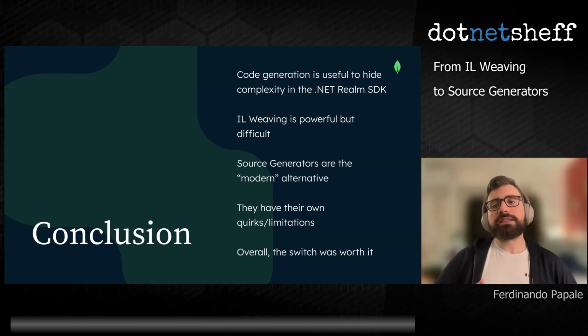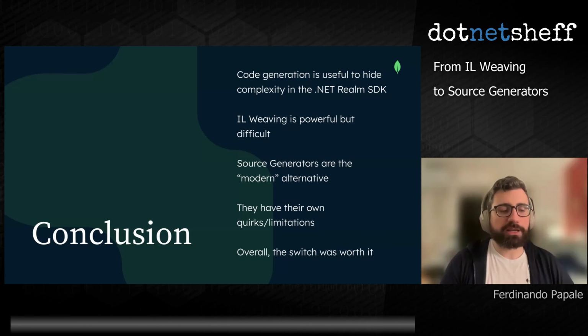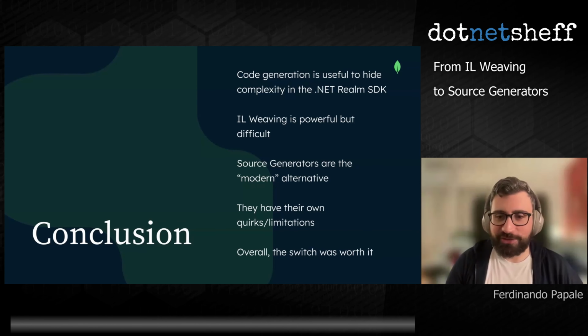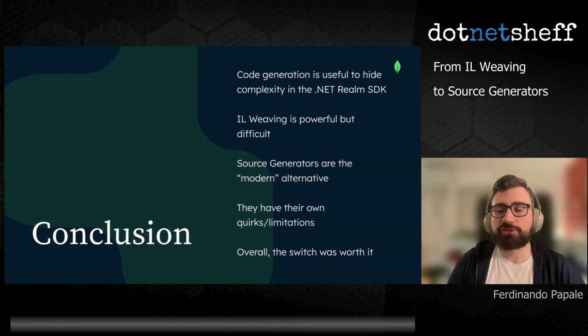In the beginning, we were using IL weaving for this. It is an extremely powerful technique, but it's also very difficult to use for various reasons. For this, we decided to move to source generators when they became available, that are a much nicer alternative and also a much more modern alternative, because this is also what the whole .NET ecosystem is pushing forward.